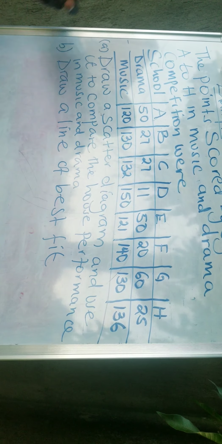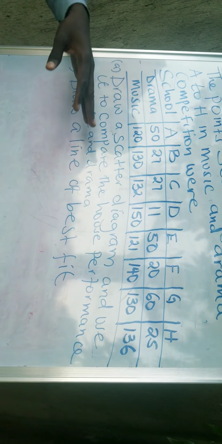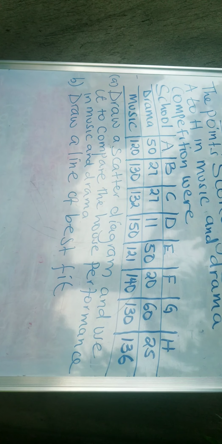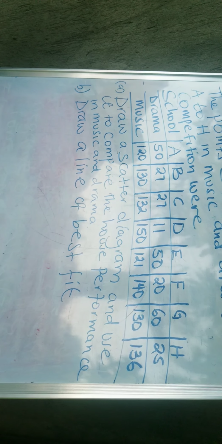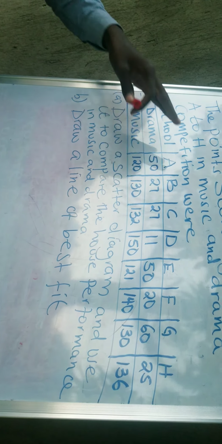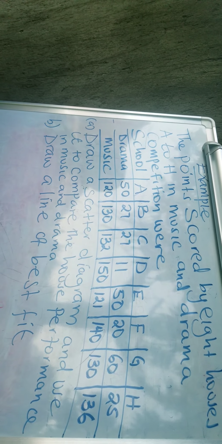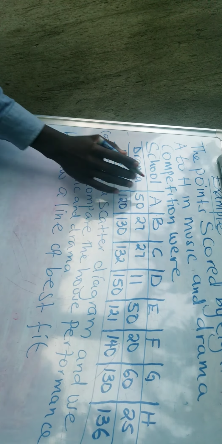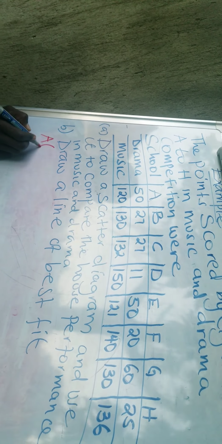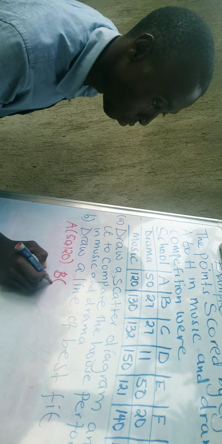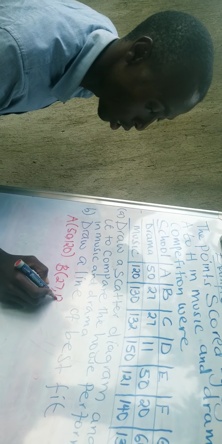We are requested to draw a scatter diagram and use it to compare the house performance in music and drama. So to draw a scatter diagram, we have said it is simply a graph. Step one, we consider these as points, just as we would when plotting any graph. So for A, the x coordinate is 50, then the y coordinate 120. Then B, 27 and 130.